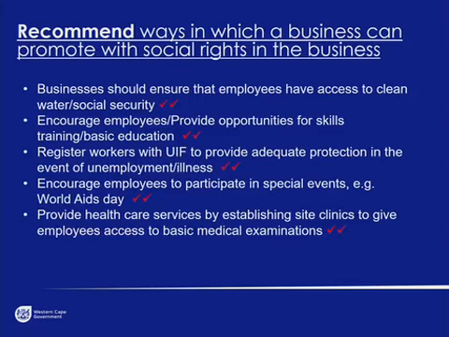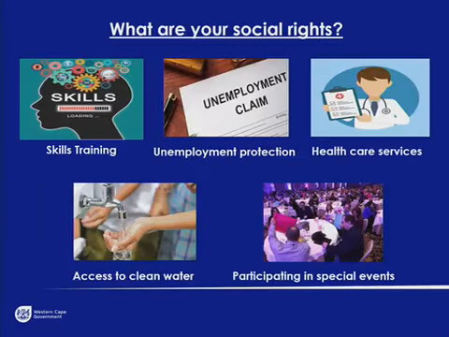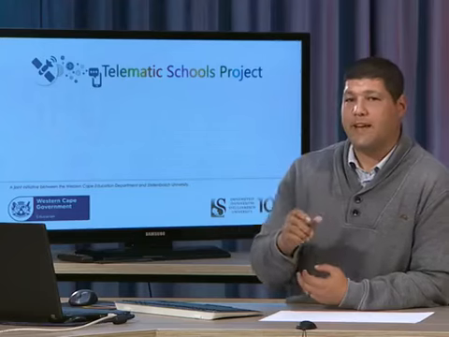So a trick that you can use here is to look at the social rights and just say the business must provide skills training, the business must provide healthcare service, the business must provide access to clean water. Okay, now with healthcare service, we can't say the business must provide healthcare services, but the business must provide access to healthcare services, maybe through taking employees to clinics if they get injured, or providing medical aid as a benefit in the workplace.